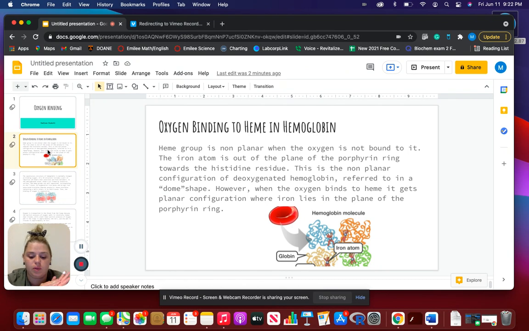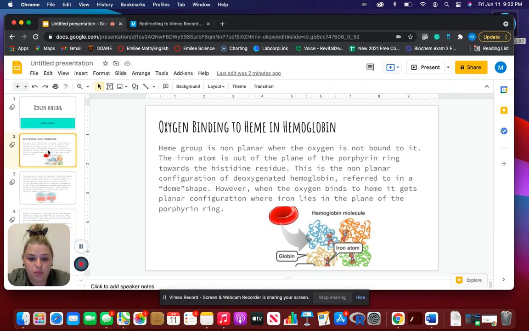To start, we were talking about how oxygen travels from the lungs through the blood to the tissues, right? So, oxygen binding to heme and hemoglobin. The heme group is non-planar when the oxygen is not bound to it.